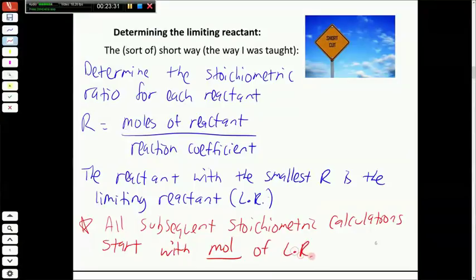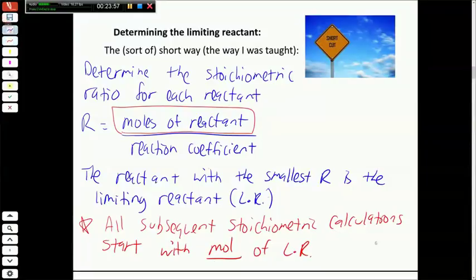So you don't use the stoichiometric ratio that we calculated and then start your calculations from there. In some lucky cases that would work, but it's generally not going to work. You want to start with the moles of the limiting reactant. You have to go back and use this quantity up here whenever you're starting any calculation. So just be a little bit careful with that. Don't abuse the stoichiometric ratio. Don't use it for anything but finding which one of those is the limiting reactant.